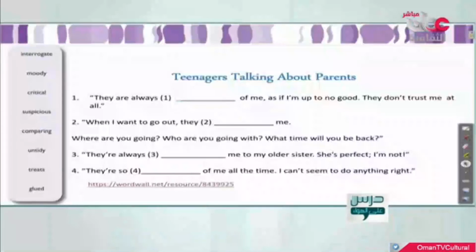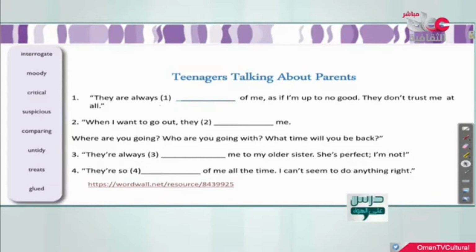Teenagers talking about parents. Here we have different sentences related to teenagers when they talk to their parents or reflect their situation. We're supposed to match the words on the left to the sentences on the second side.